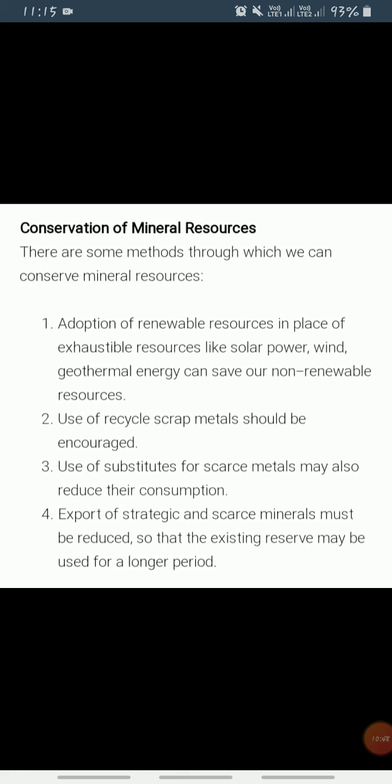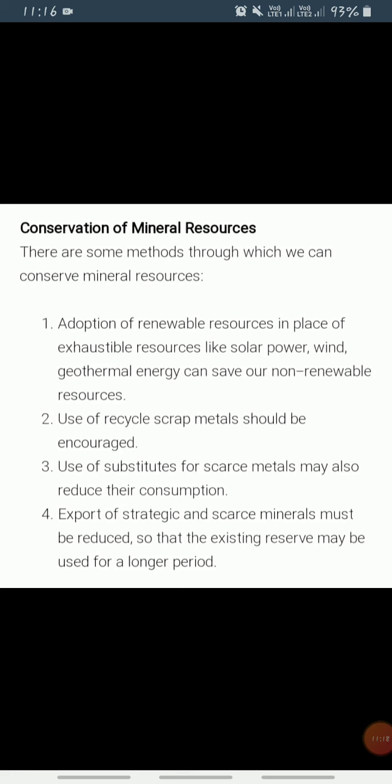Use of scrap is especially significant in metals like copper, lead and zinc, in which India's reserves are meagre. So use of substitutes for scarce metals may also reduce their consumption, and export of strategic and scarce minerals must be reduced so that the existing reserves may be used for a longer period. So in this way we can conserve the mineral resources of India.